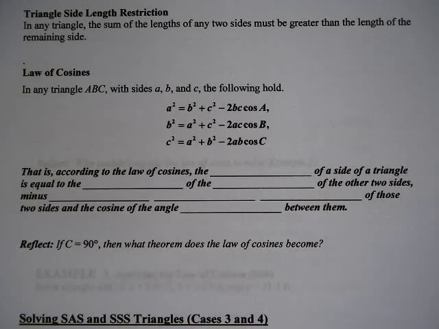And then at least one of the others to be able to find that missing piece, okay? So with law of cosines, you're not going to use it as much as law of sines, but there are times where we don't have enough information to use our law of sines. So that's when we would use our law of cosines. But you're still using these laws and finding your missing pieces, based on what information is given to you.